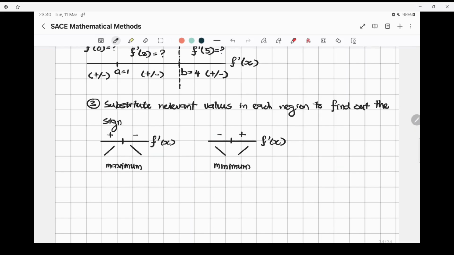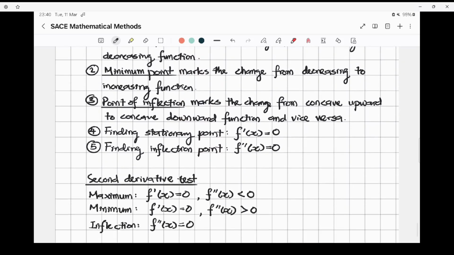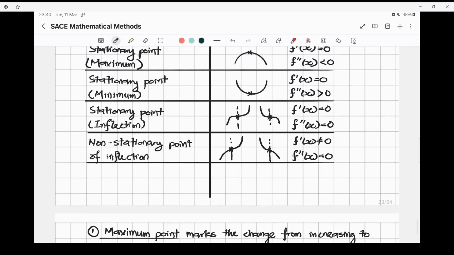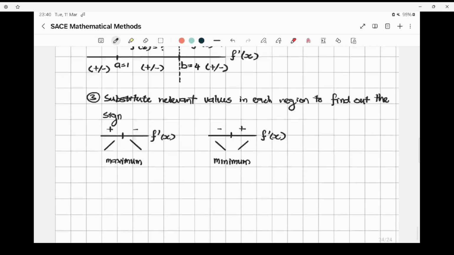For the sign diagram of f prime x for the point of inflection, I already mentioned that point of inflection does not look at your increasing or decreasing function. It marks the change of concave upward to concave downward and vice versa. So it's either left or right increasing or left or right decreasing and so on.